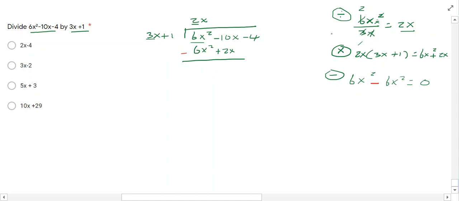So we have minus 10x, minus, which is the operation that comes from here, and then it's plus 2x, sorry.